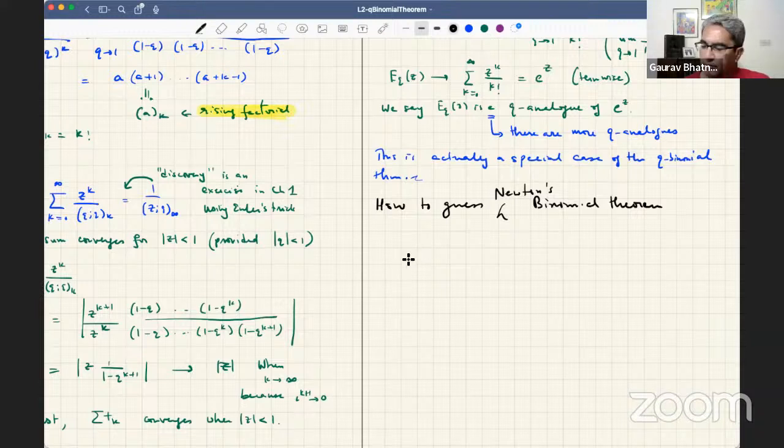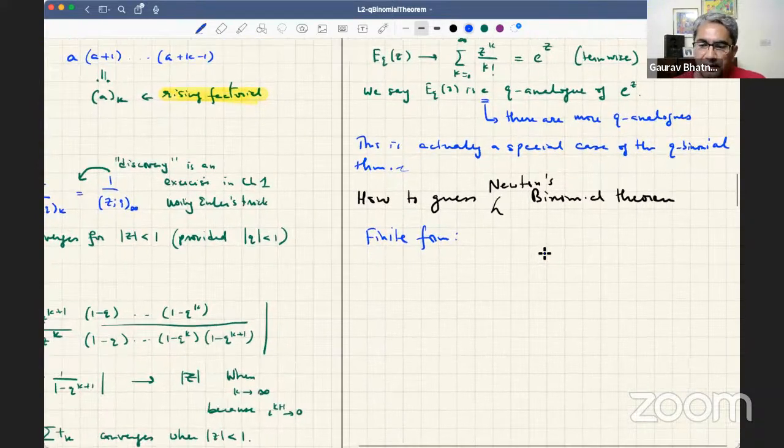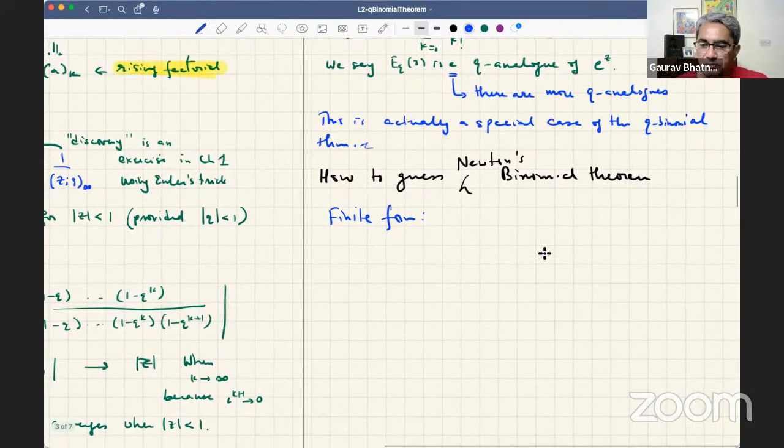Okay, so what are we doing? We know the finite form, this is easy to prove. This is proved using induction in elementary courses, and we will also get some proof today.